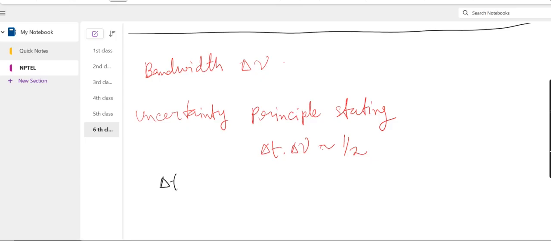So delta t is basically the pulse width.